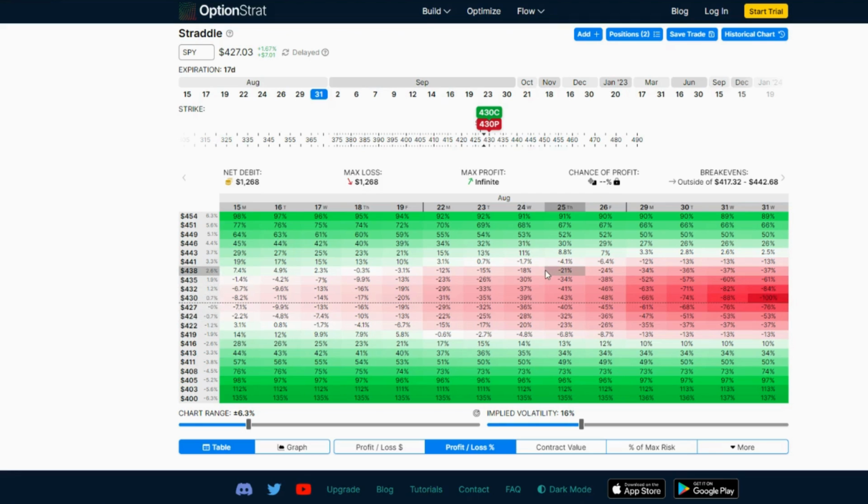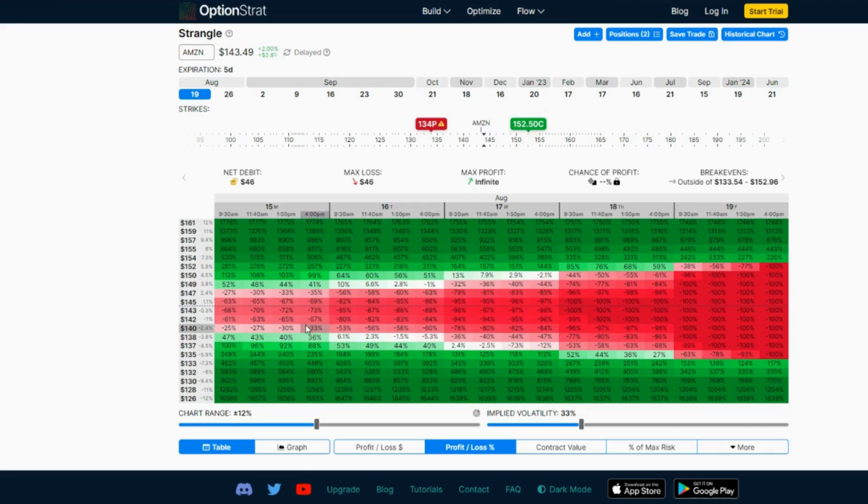You save a little bit of money there, and you have a little bit of leeway in terms of how much you get chopped as you approach expiration. With the strangle, there's really no leeway. If you don't get that drastic movement, you're losing pretty much the entire value of the contract. So that is kind of the downside of them.